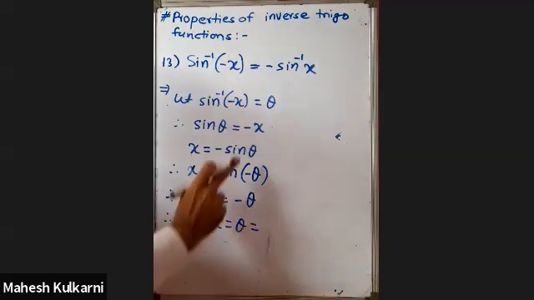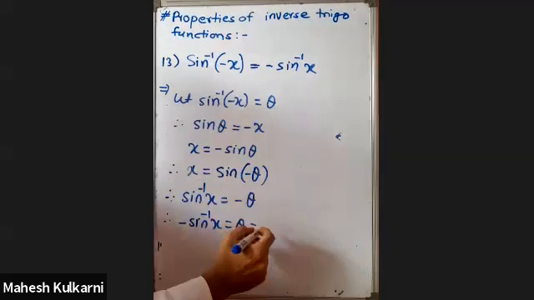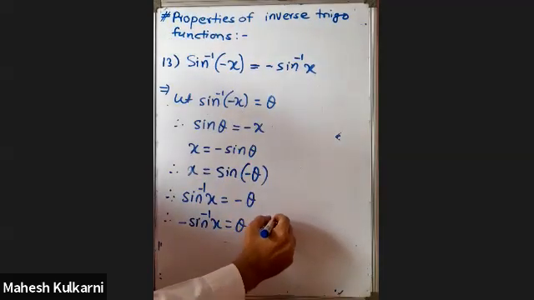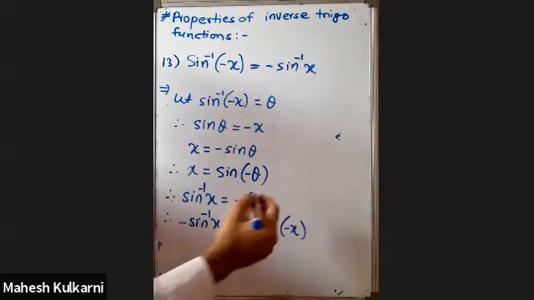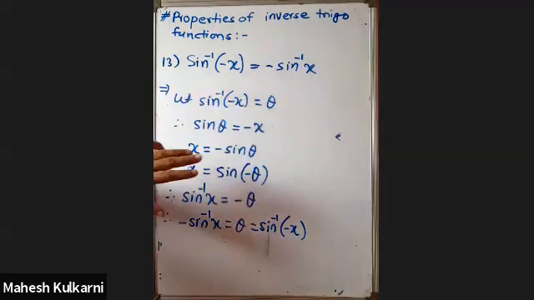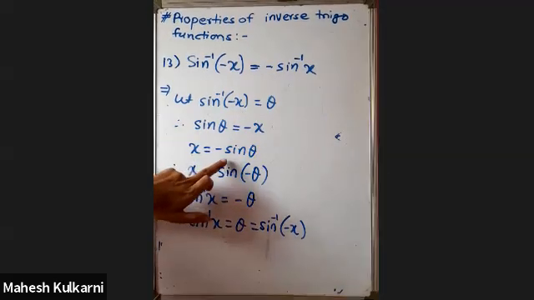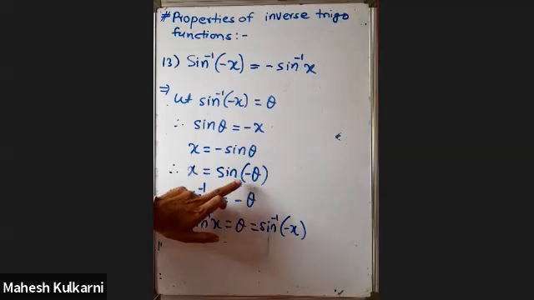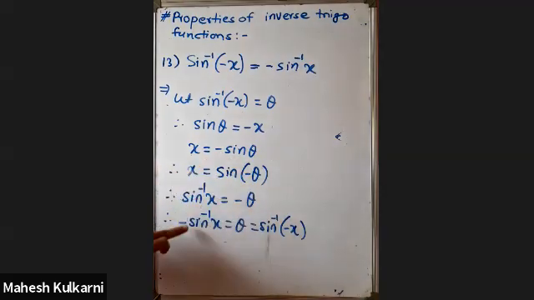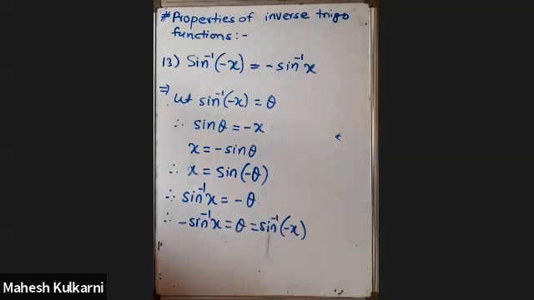But what is theta? Theta is sin inverse of minus x. So first take this as theta, then write the function in terms of sin theta. Again use the property sin of minus theta as minus sin theta, and by rearranging we get this result. So this is for sin inverse of minus x.